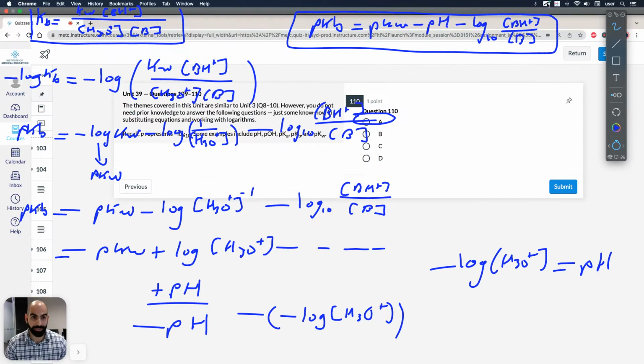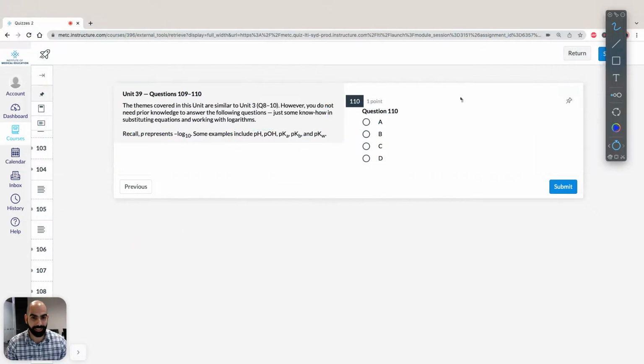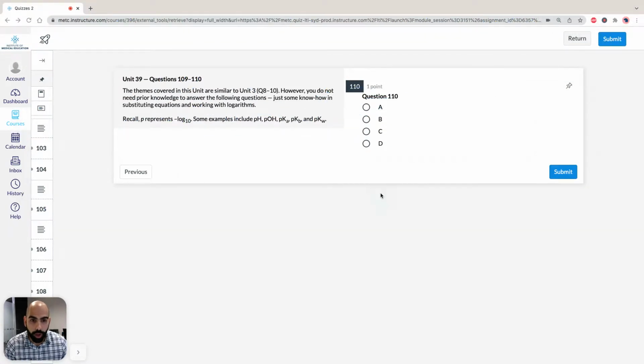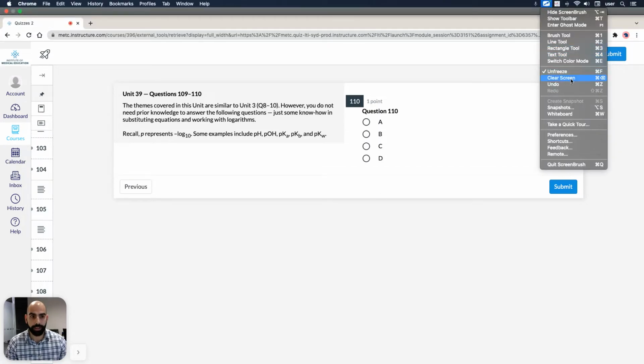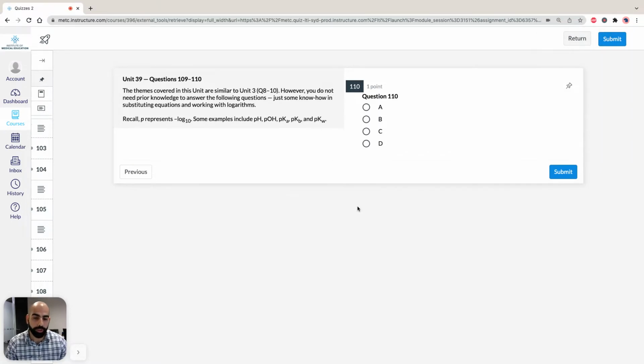So I might clear the screen now actually. That was a lot to take in. I think it's important to note, one, how you substitute equations and formulae and play around with the substitutions. Two, how to work with logarithms. And three, don't get tricked by the signs, positive, negative.